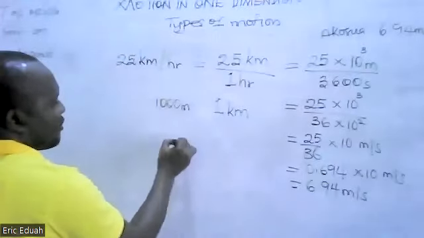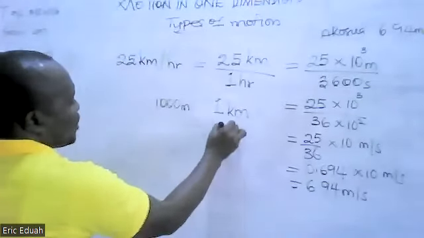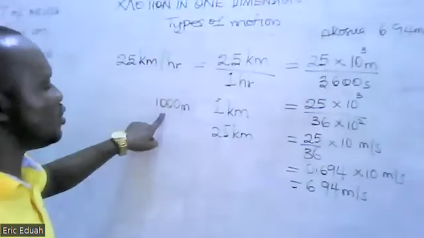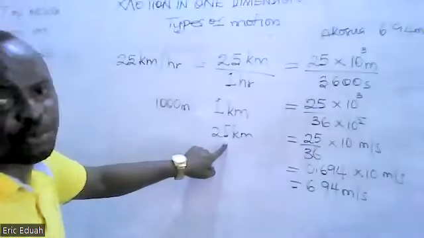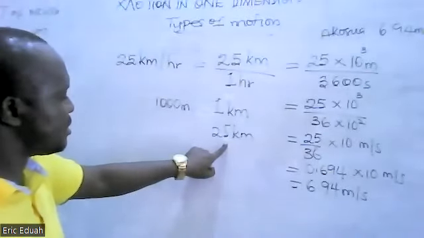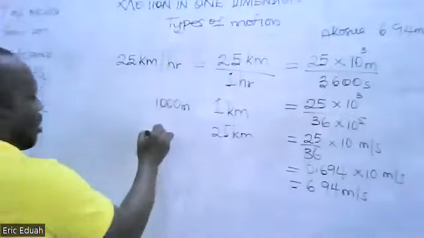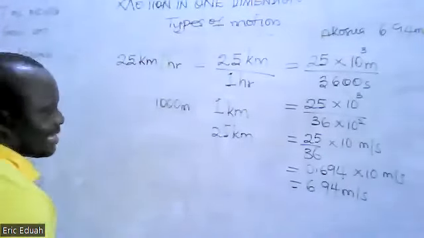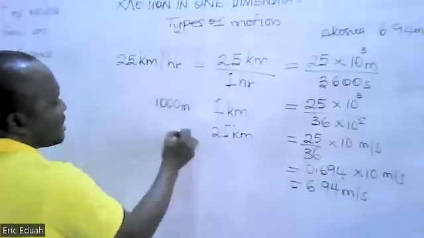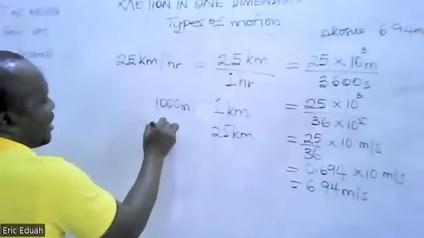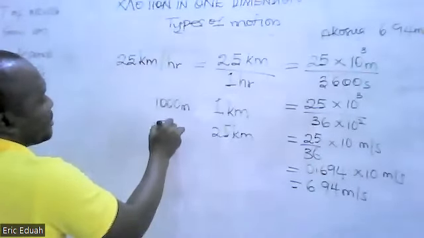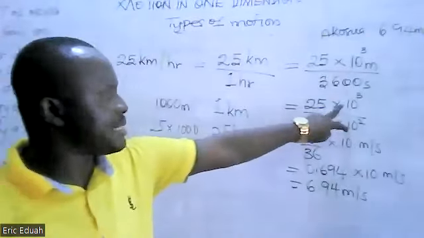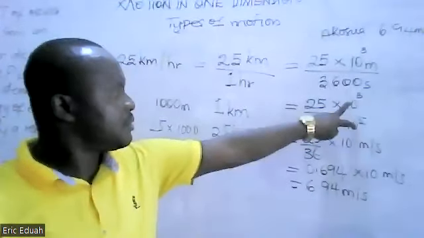Now you have 25 kilometer. If one is giving you 1,000, 25, will it be more or less? More. If more, let's divide. So that is the idea. So this will simply be 25 times 1,000, which is the same as this.